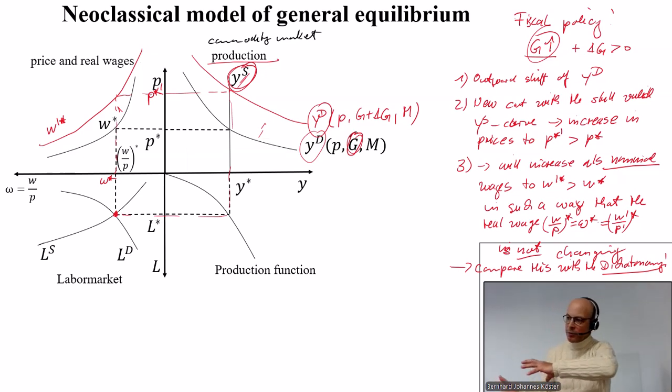Well, and hopefully now you see how we have changed the view on the economy. We started within the Keynesian commodity market. There we had assumed that prices are fixed.